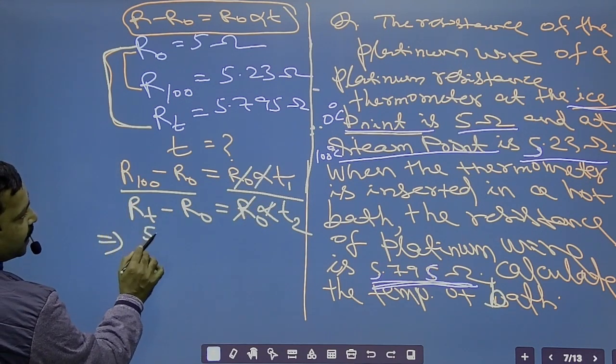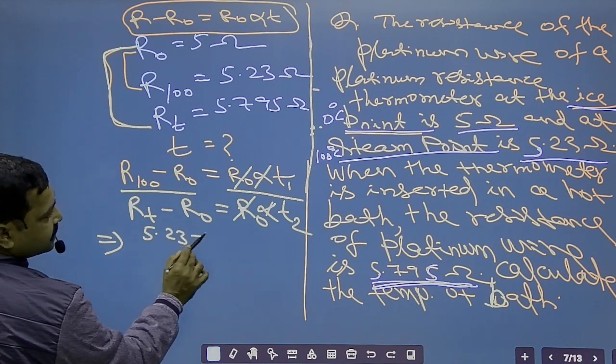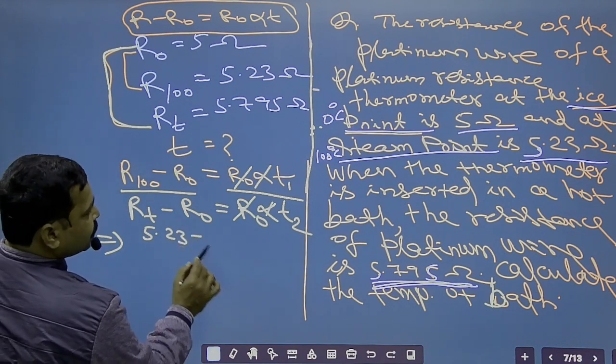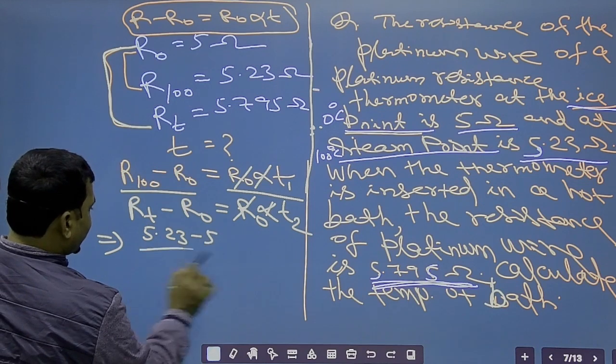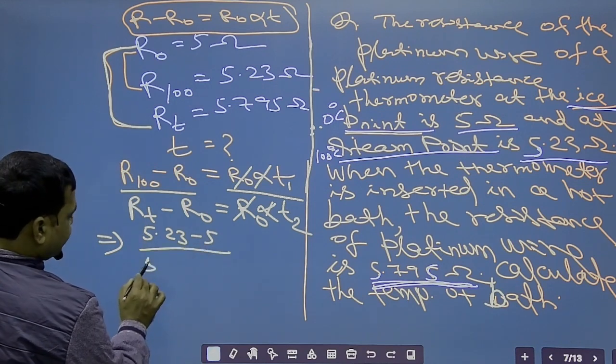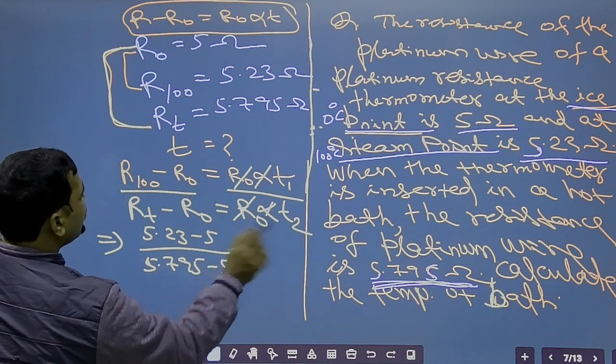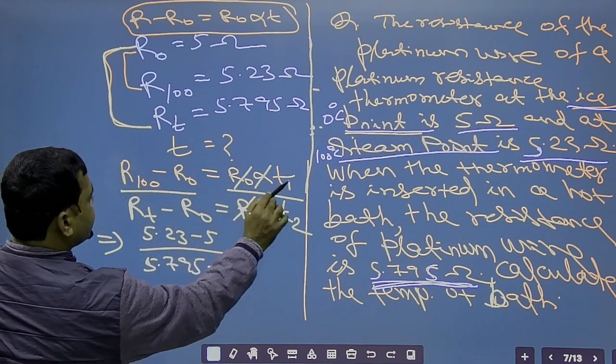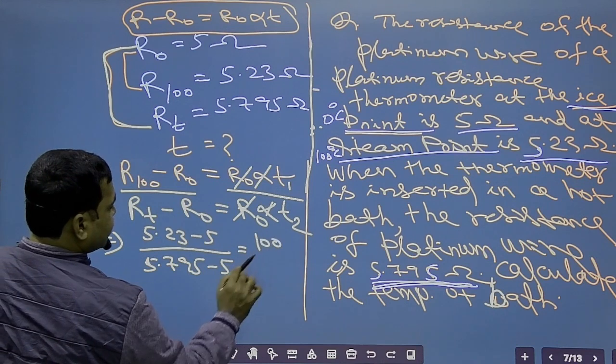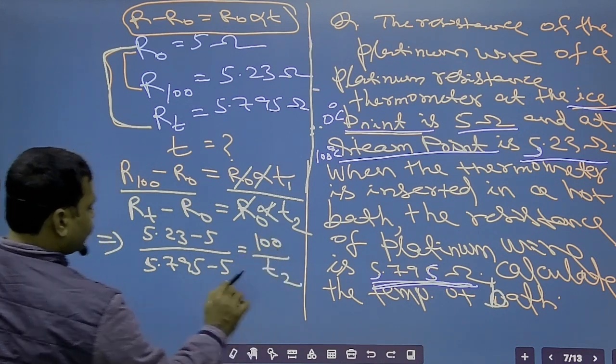R100 is 5.23 minus R naught, that is 5, upon RT, which is 5.795 minus 5. So this will be T1 upon T2. T1 in this case will be 100 and T2 we do not know, we need to find out.